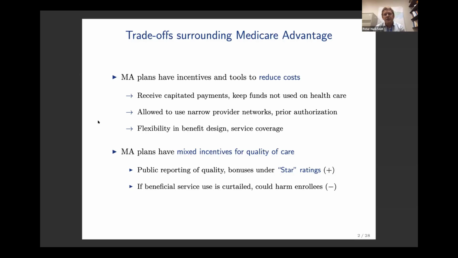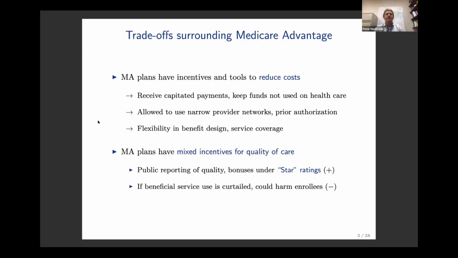Now, when it comes to the quality of care and patient outcomes, at a high level, there are conflicting incentives for Medicare Advantage plans. On the one hand, performance on quality measures is publicly reported for Medicare Advantage plans, and under the star rating system, MA plans receive financial bonuses for high performance.